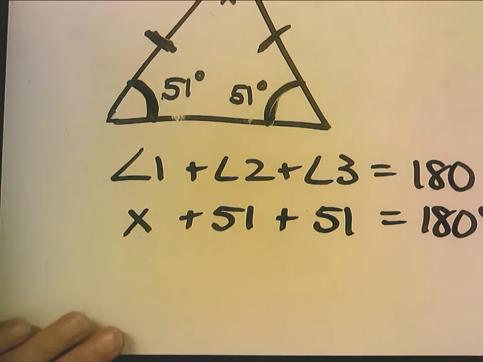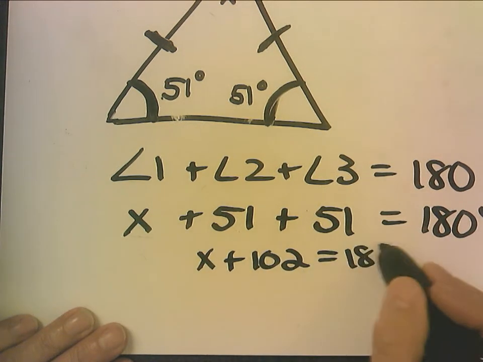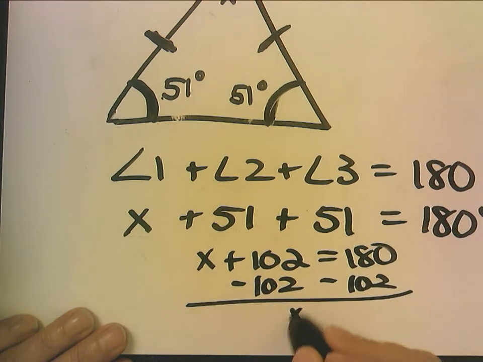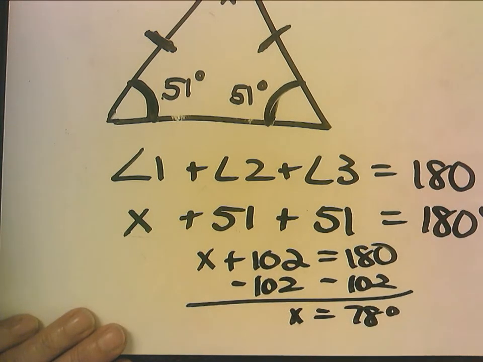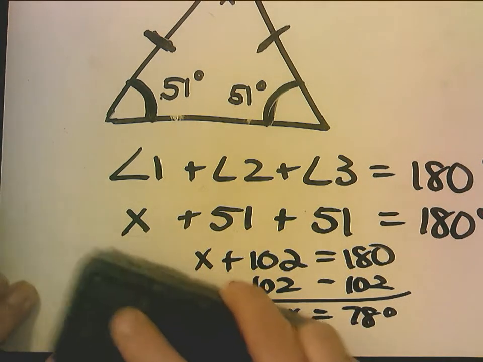So now, I say x plus 102 equals 180, subtract 102, subtract 102, x equals 78. So, we know that in a triangle, angle 1 plus angle 2 plus angle 3 equals 180. And we also now know that if it's an isosceles triangle, 2 of the angles are congruent.